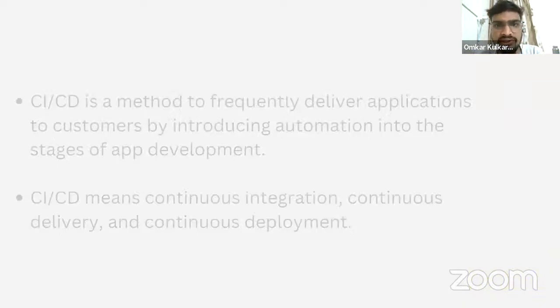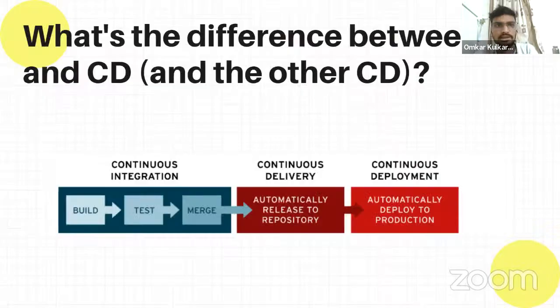Okay, what's the difference between CI and CD? CI/CD has different meanings. Here you can see continuous integration, continuous delivery, and continuous deployment. In continuous integration, we have all the development methods: building, testing, and merging our code.